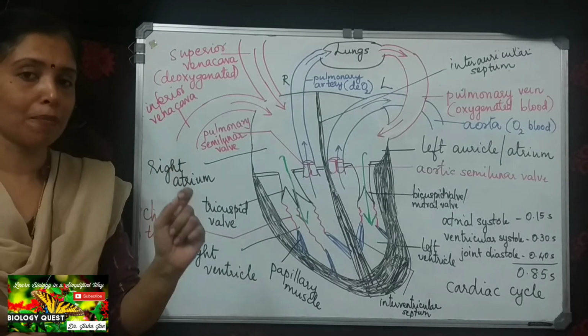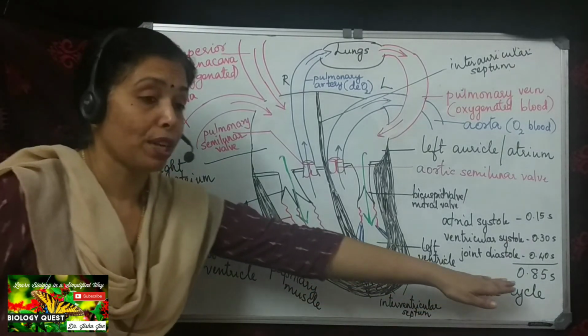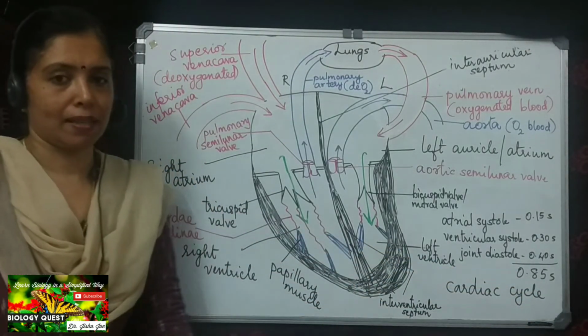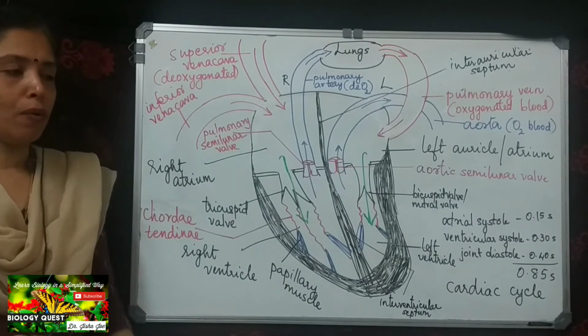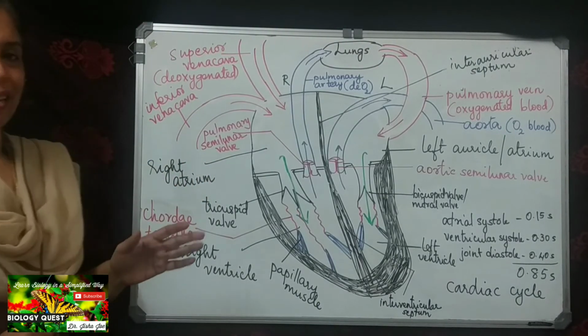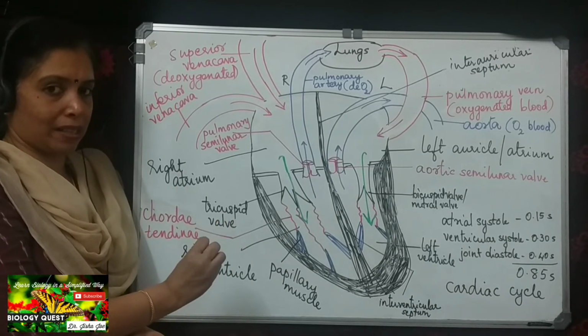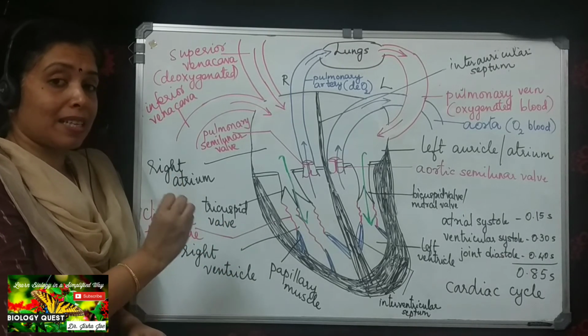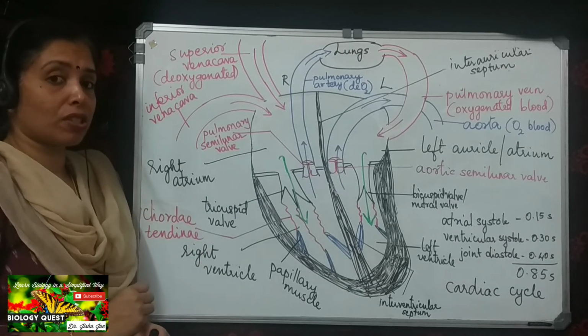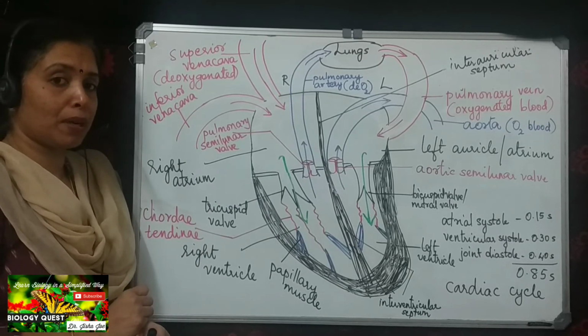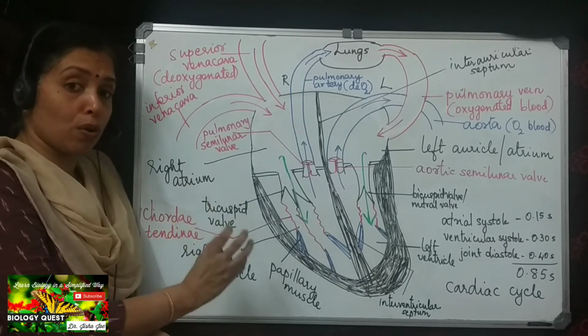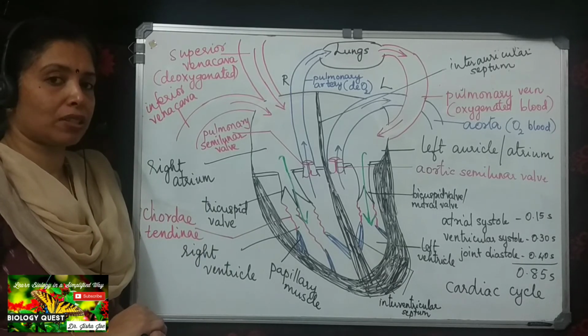Each heartbeat lasts for 0.85 seconds. Now, as we have already seen, as the ventricles contract, which are the valves that get closed during ventricular contraction? Do you remember?